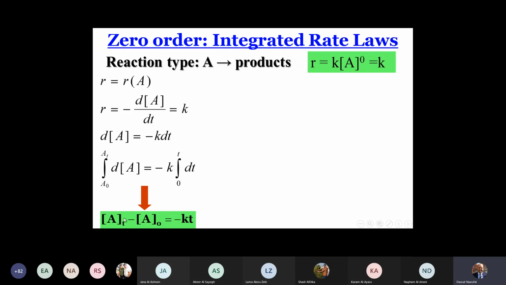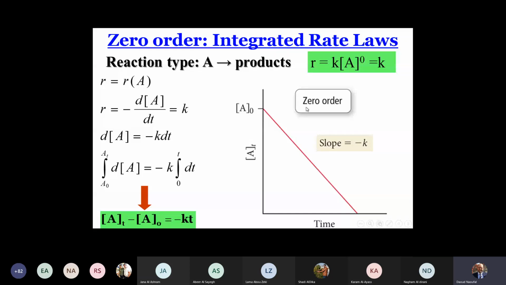That means if you draw At as a function of the time t, you should obtain a straight line, and the slope of the line is equal to minus k. In your problem, you have a table where you have the variation of A as a function of the time t. Draw At as a function of the time t.